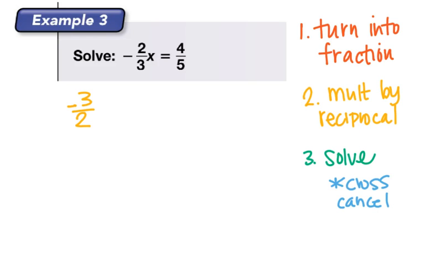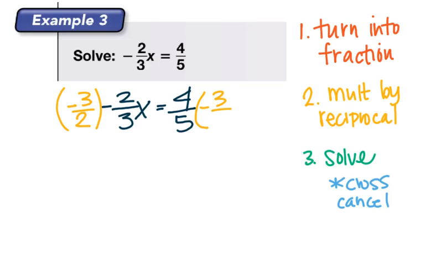So let's set up our problem here. Negative 2/3 x equals 4/5, and we're going to multiply this reciprocal on both sides. Finally, we're going to solve it, and we're going to cross cancel if we're able to.